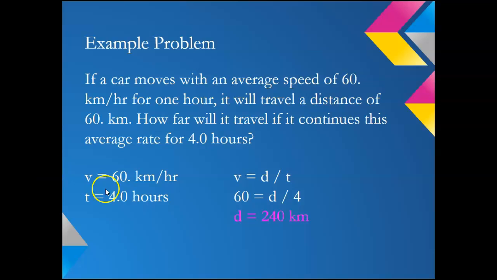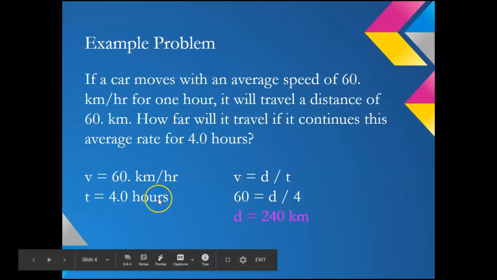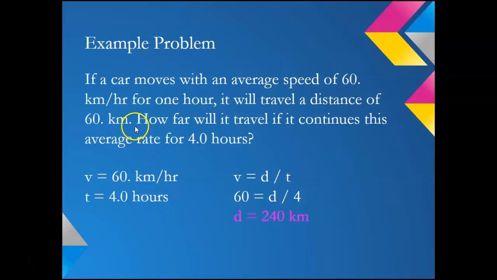So our speed is 60 kilometers per hour. The time is 4 hours. The problem is asking, how far will it travel? We choose to use the speed equation, and we plug in our variables, 60 for speed and 4 hours for time.